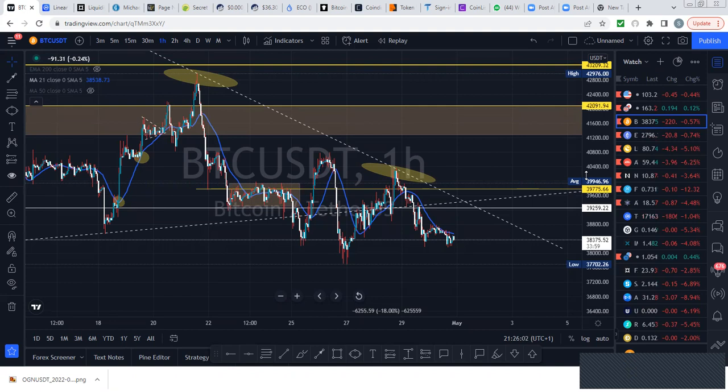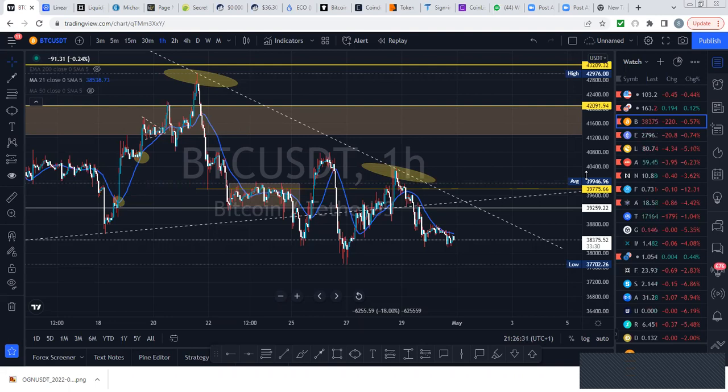I will start my analysis on the daily first to check how yesterday's price closed. Are you following? Yes, I'm following. Then I will map out my support and resistance areas. Then I will go to H4 to see if those technical tools that I use align with the daily time frame.